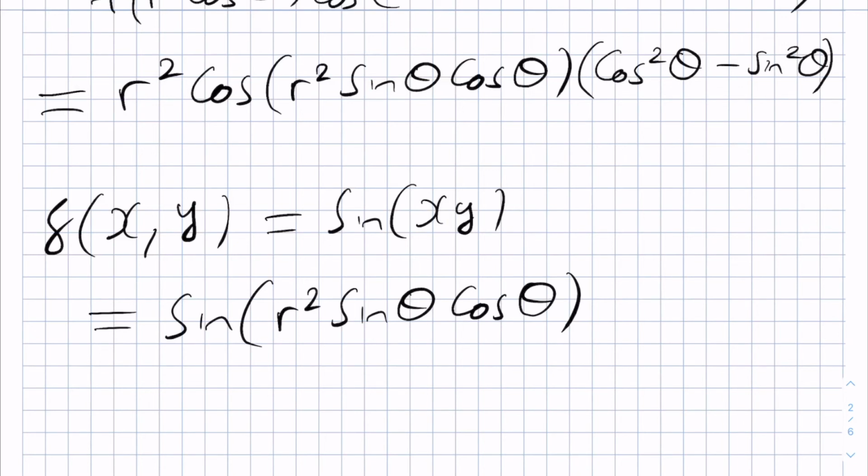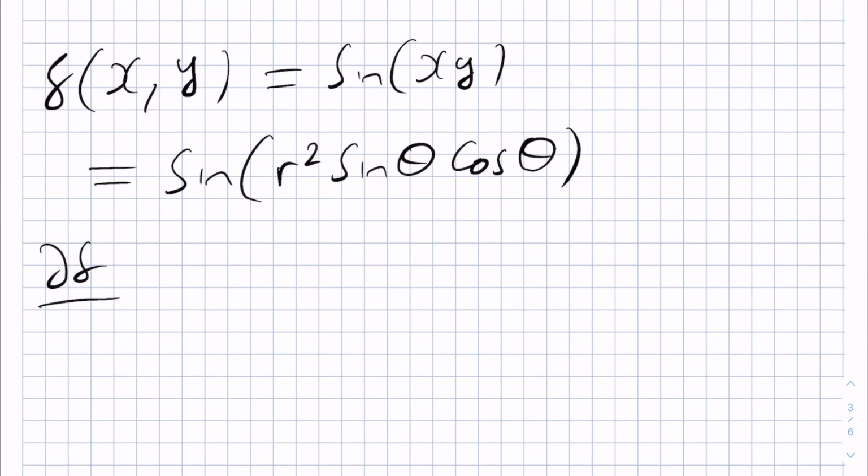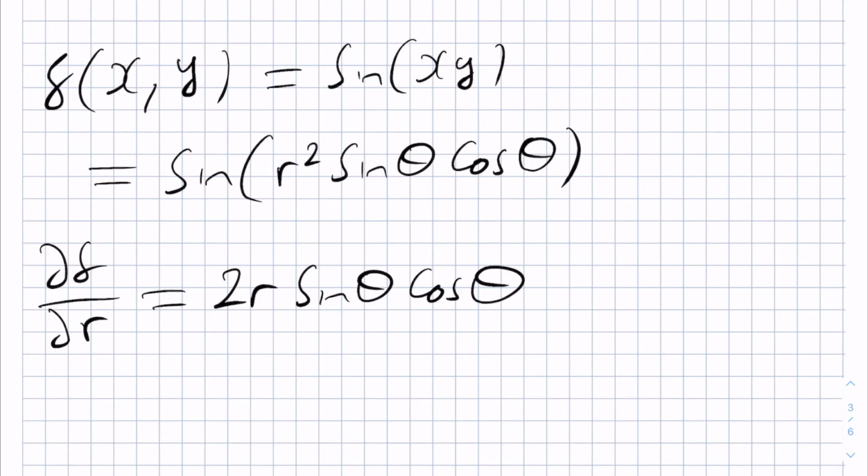Then it's quite easy to perform the differentiation. ∂f/∂r will give us, differentiate this with respect to r, so 2r sin θ cos θ, and then we get the same but with a cos instead of a sin.